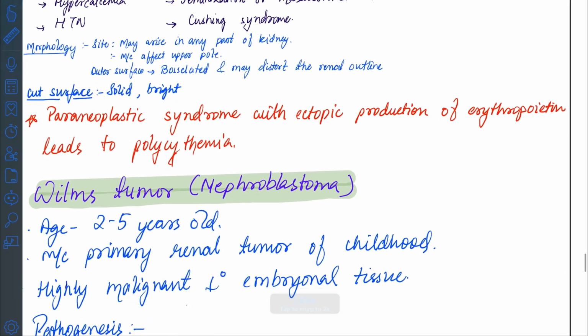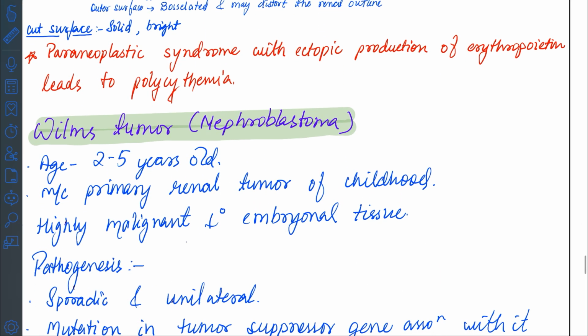Now the second tumor is the Wilms tumor. It is the nephroblastoma. In contrast to RCC, it is seen in younger patients, like 2 to 5 year old children. It is the most common primary renal tumor of childhood.